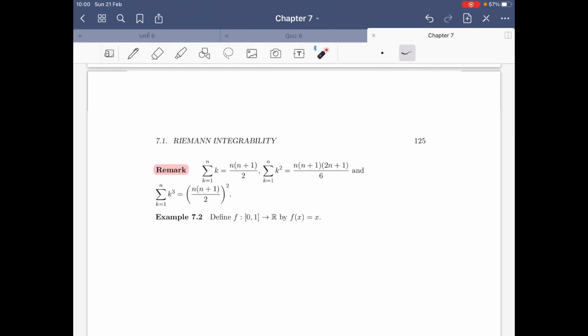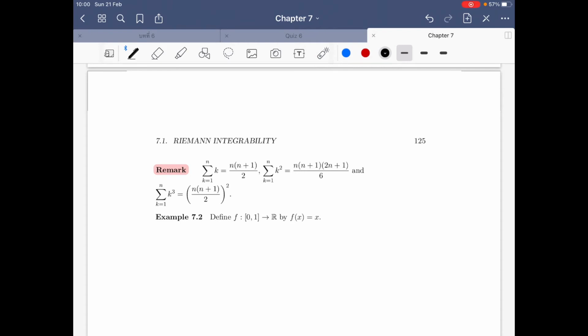Okay, so the first one is the identity function, which is pretty easy, f(x) equals x. So what is the thing that we are going to use? We are going to use the corollary.